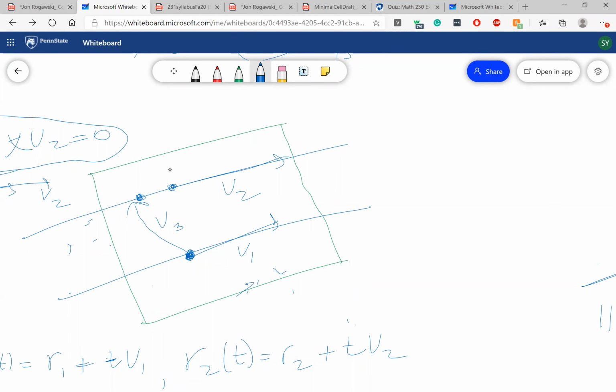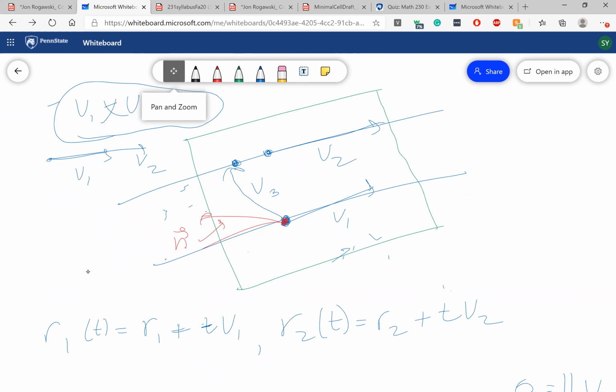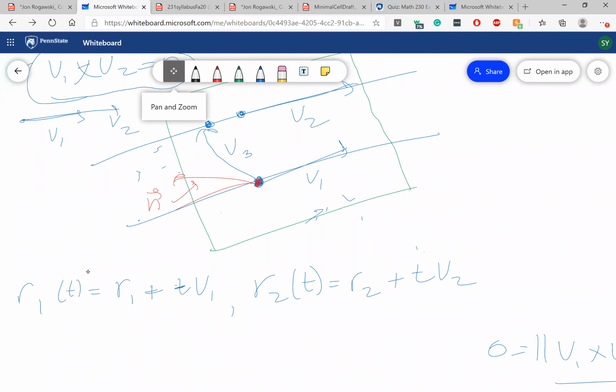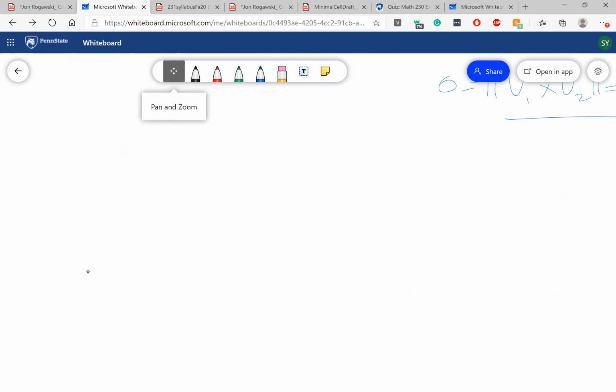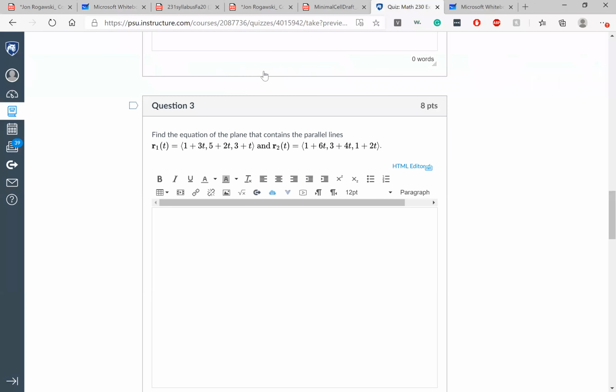This vector also lies in the plane, so now we can find the normal vector of these two. And that's how we're going to do the problem. So let's actually do it. Any questions about how we're going to end up doing the problem?